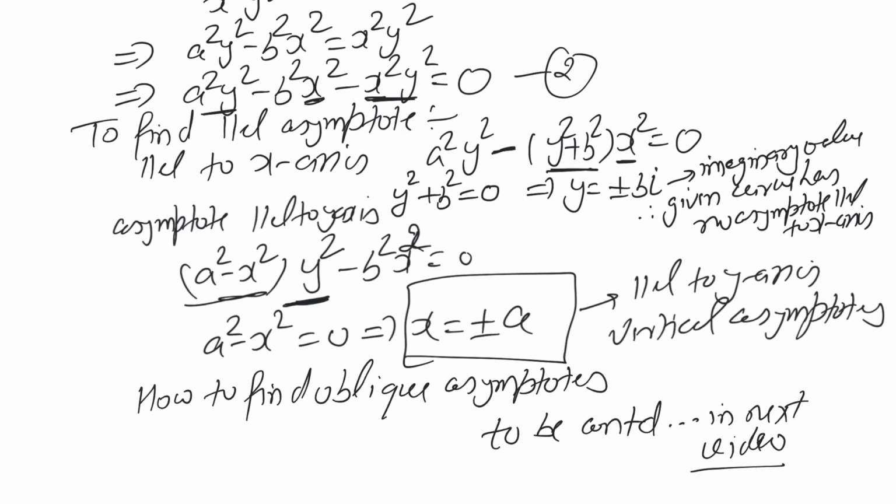Today we have studied the definition of asymptotes and learned the method to find the parallel asymptotes. We also classified the asymptotes into parallel asymptotes as well as oblique asymptotes. In the next video, we will demonstrate the working rules to find the oblique asymptotes of the given curve.